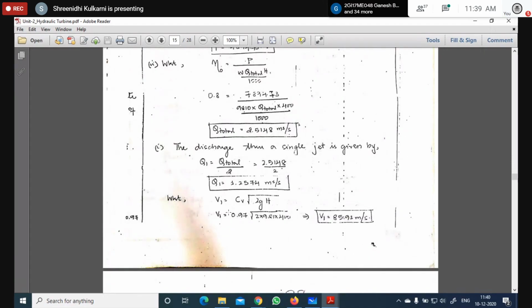It is given by V1 equals Cv into root of 2gH. So find out the absolute velocity at inlet.